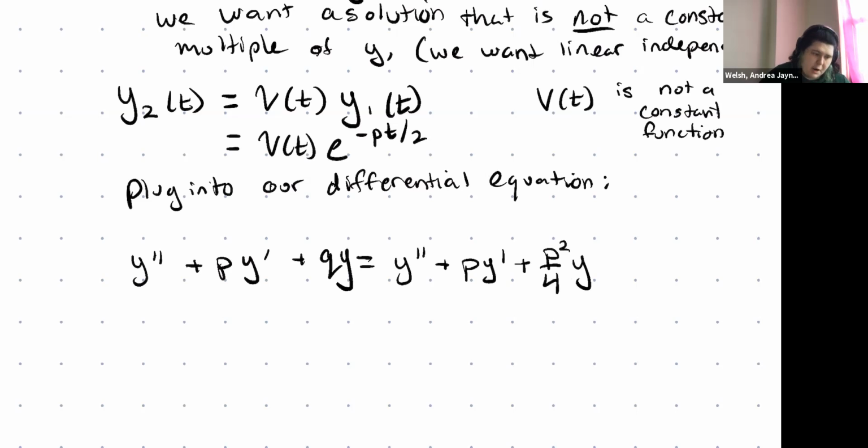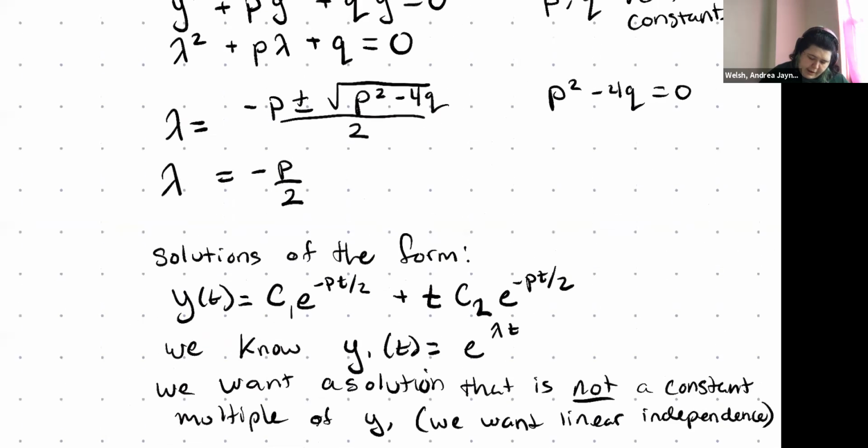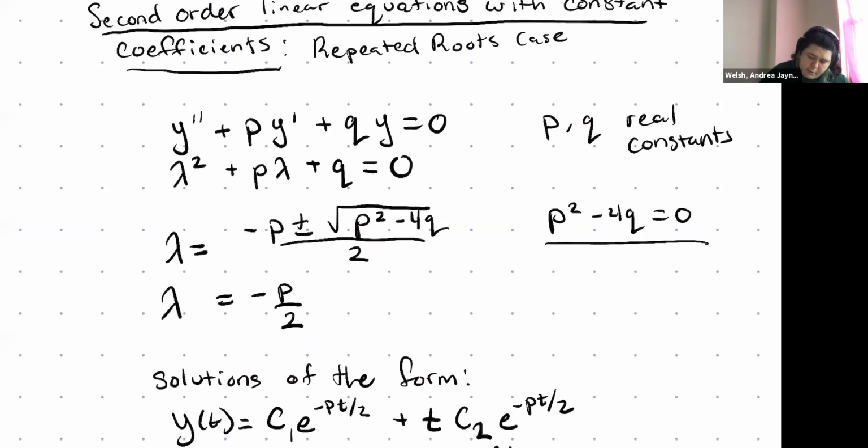Sorry, my y's have dropped out. That is coming from the fact that since this is a repeated roots case, my discriminant p squared minus 4q is 0, which means that p squared equals 4q, and q equals p squared over 4.